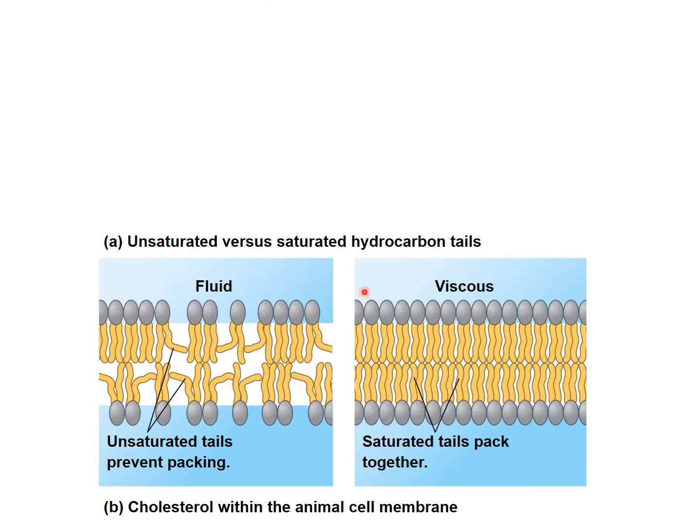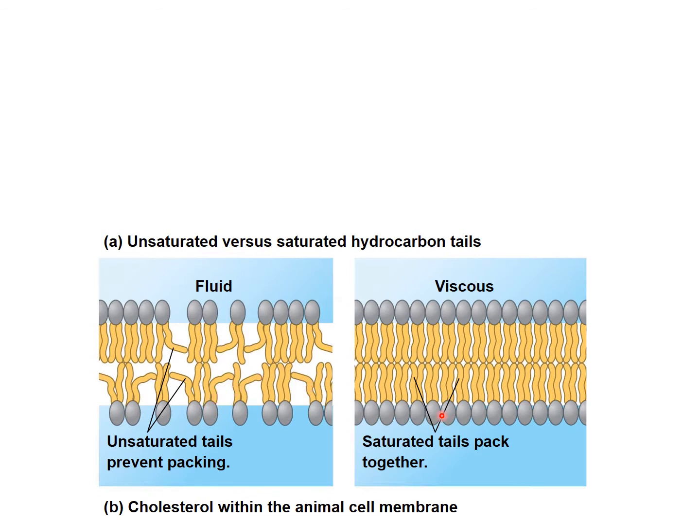Okay, so let's talk about cholesterol. In an animal cell, it helps regulate the fluidity of the membrane. If we look at this right here, remember the difference between saturated and unsaturated fatty acids. Saturated fatty acids do not have the kinks in them, and unsaturated fatty acids do have the kinks.